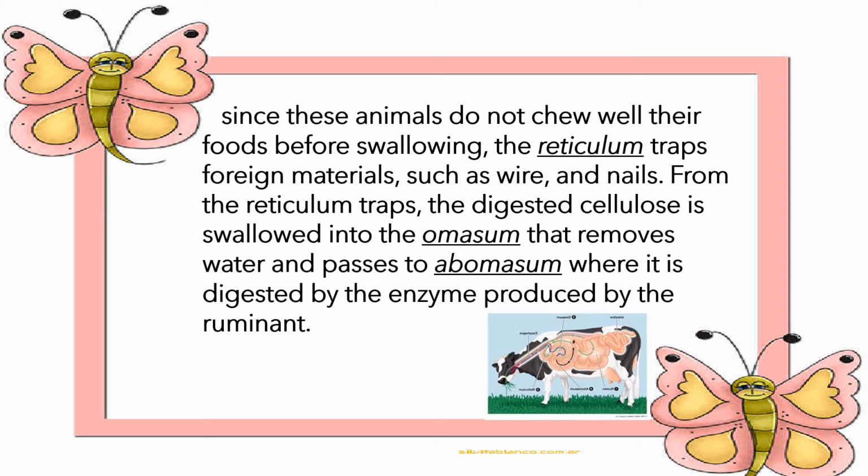Meron silang paglalagyan ng mga matitigas na object. From the reticulum, the digested cellulose is swallowed into the omasum. The omasum removes water and passes it now to the abomasum, where it is digested by the enzymes produced by the ruminant. See, parang sinasala din yung kinakain nila.